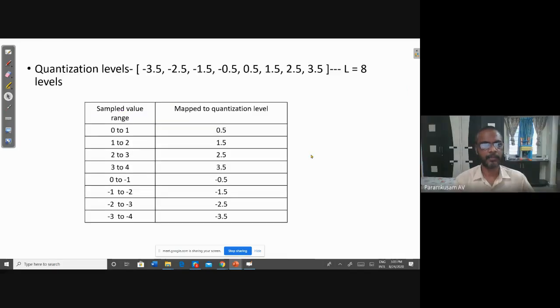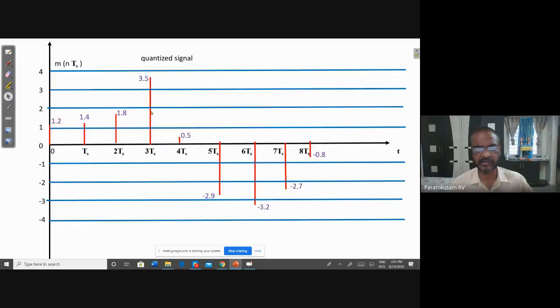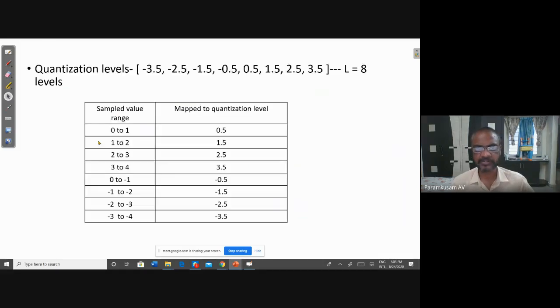The number of quantization levels, generally represented with the letter L, is equal to 8 levels.